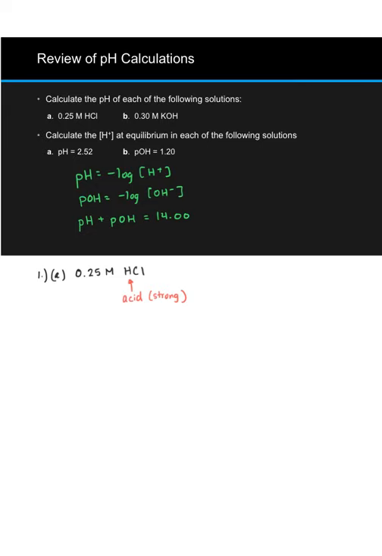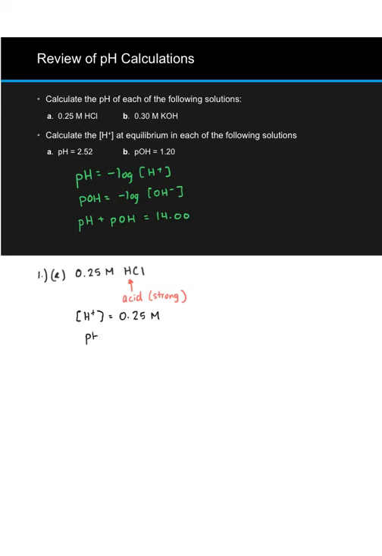We know that pH is governed by H+ concentration, and if HCl is a strong acid and fully dissociates, then the concentration of H+ that it generates must be equal to the formal concentration or starting concentration of hydrochloric acid we had in solution, 0.25 molar.